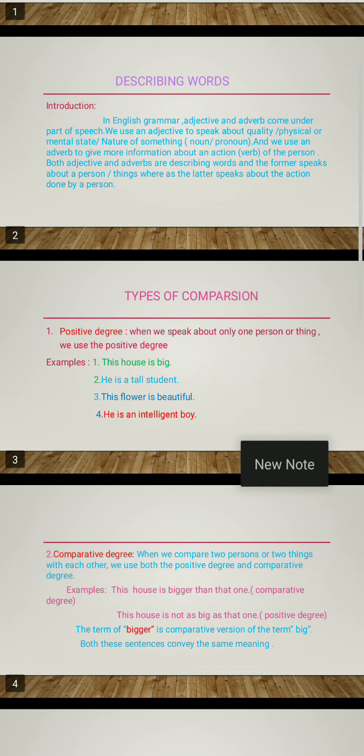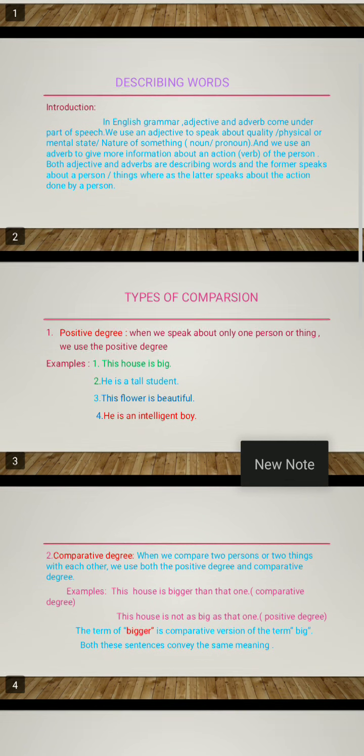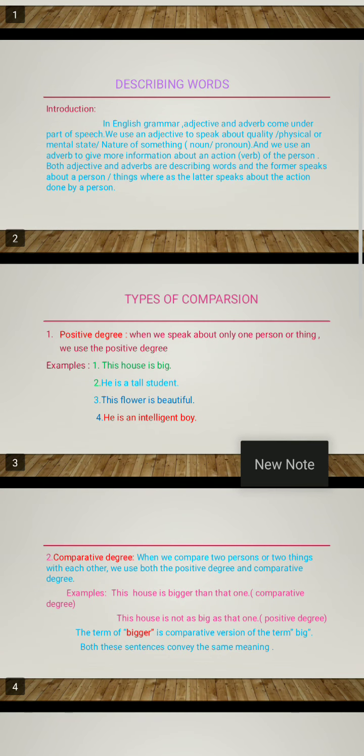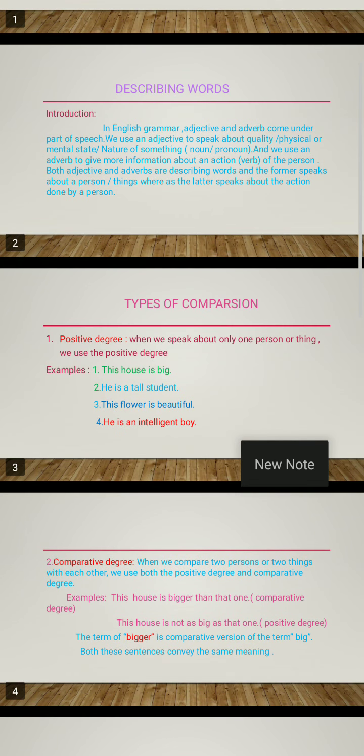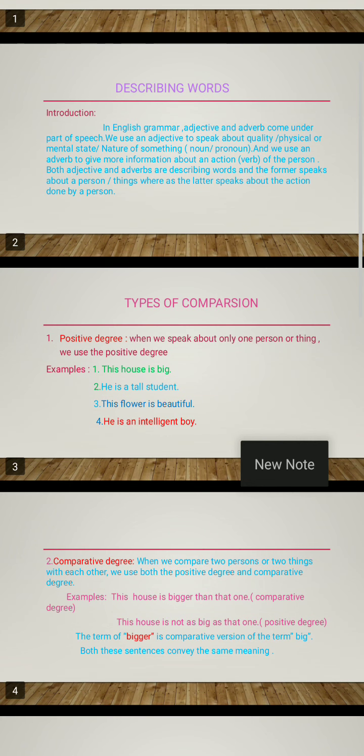After that, in my next class I am going to give some words related to quality, quantity, size and number. In continuation of this topic, I'll teach you in the next class from slide 6 onwards.